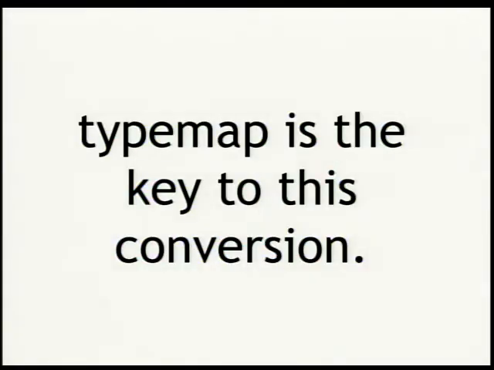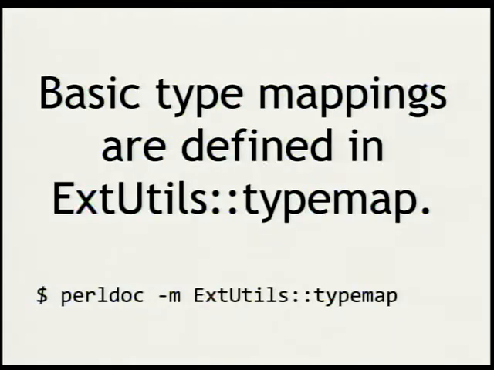And the typemap I'm talking about is the key to this conversion. And basic type mappings are defined in the ExtUtils typemap file. If you want to look at the typemap, run perl -m ExtUtils::typemap, and it should be shown.